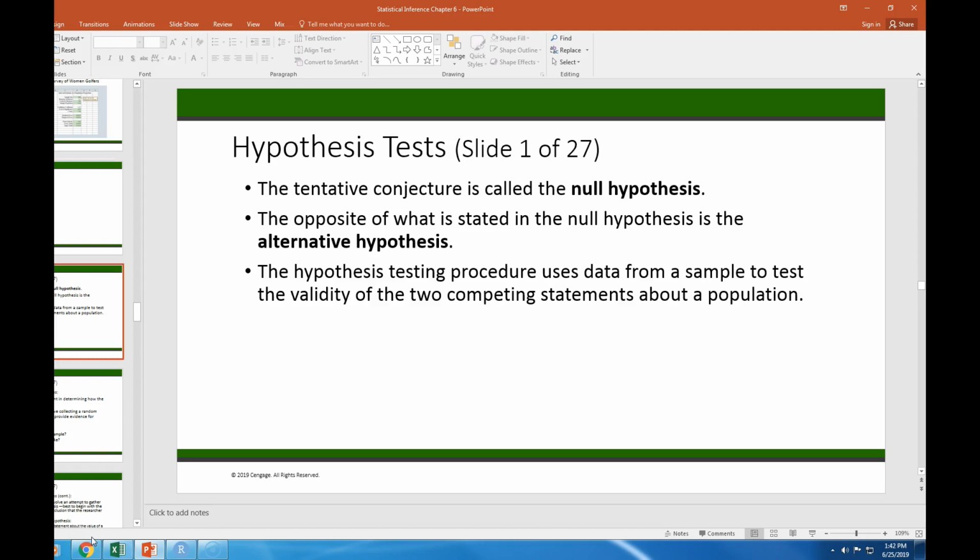We're going to start off with the definitions of null hypothesis and alternate hypothesis. It's not always obvious how the null and alternate hypothesis should be formulated, but it's a trial and error process. Learning to formulate hypotheses correctly will take some practice.